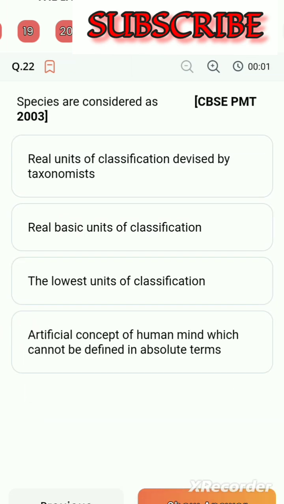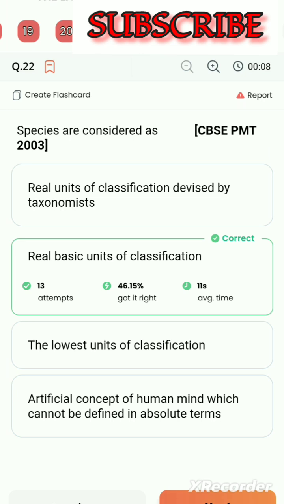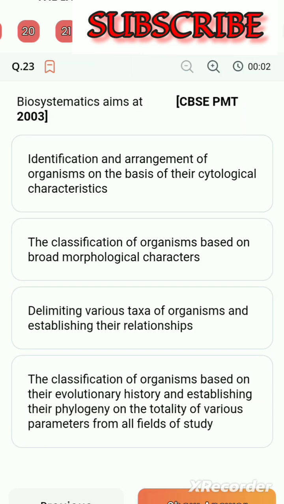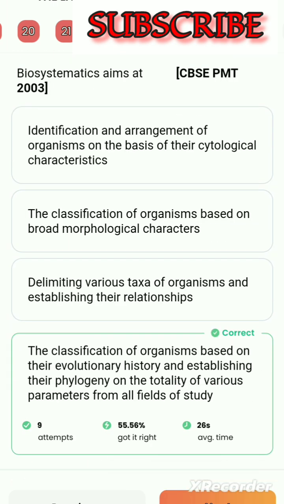Species are considered as, question number 22, the real basic unit of classification. Next, biosystematics aims at option D, classification of organisms based on their evolutionary history and establishing their phylogeny on the totality of various parameters from all fields of study.